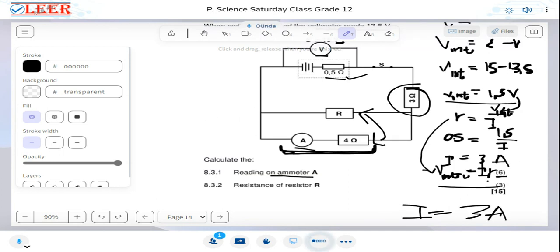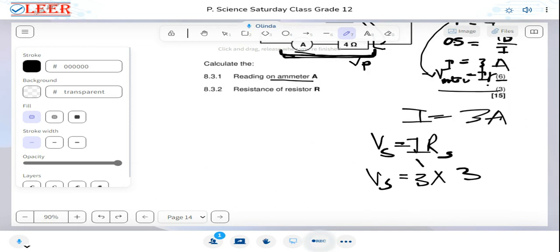So we have a voltage reading when it's in series, and we have a voltage reading when it's in parallel. And we're looking for the ammeter reading when the voltage reading is in parallel. When it's in series, we have 3 times 3, which is equal to 9, and then your V parallel is equal to 13.5 minus the 9 that we have here, which is then equal to 4.5.